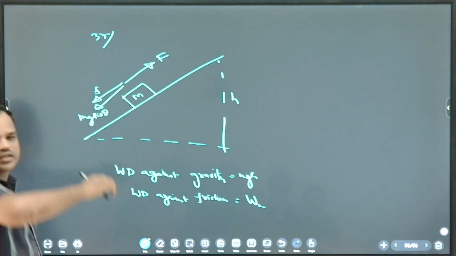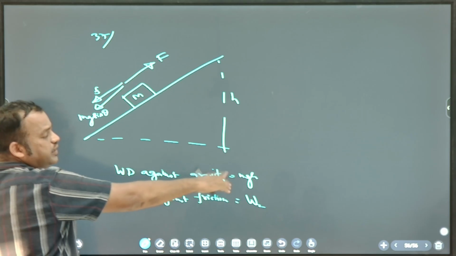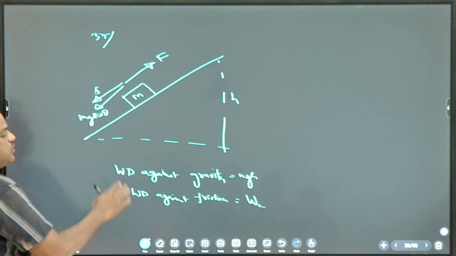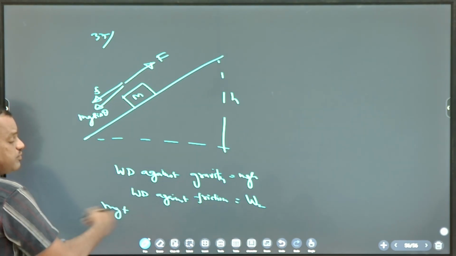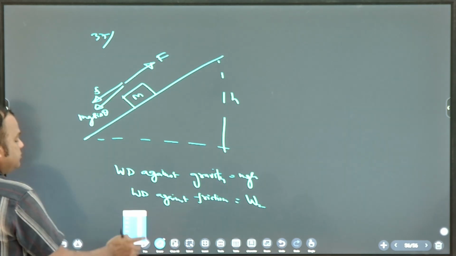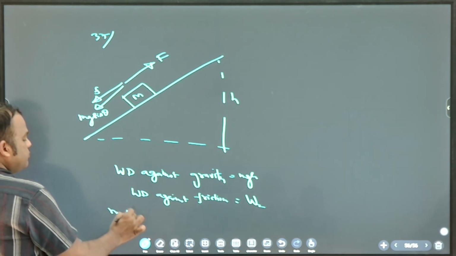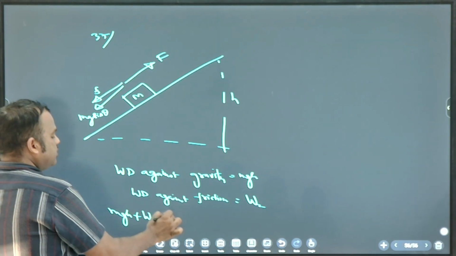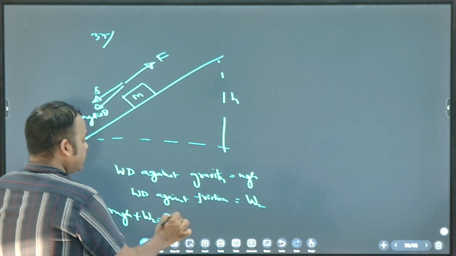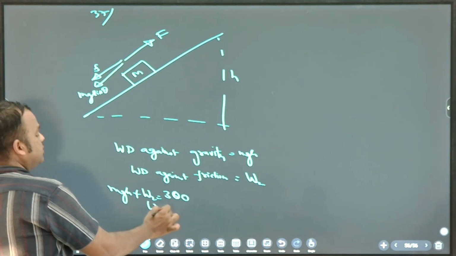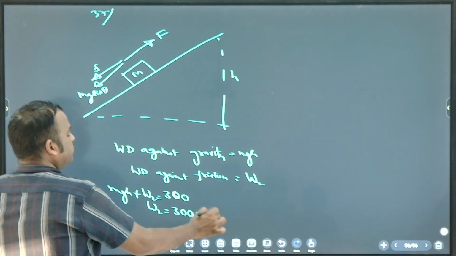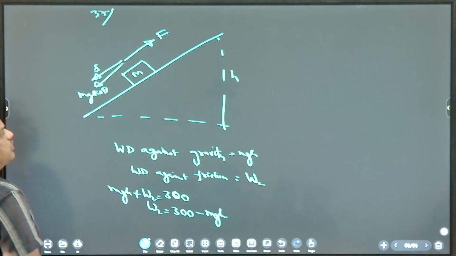The total work done is given. So mgh plus W2 is given, 300. So what is work done against friction? 300 minus mgh. Okay, note down.